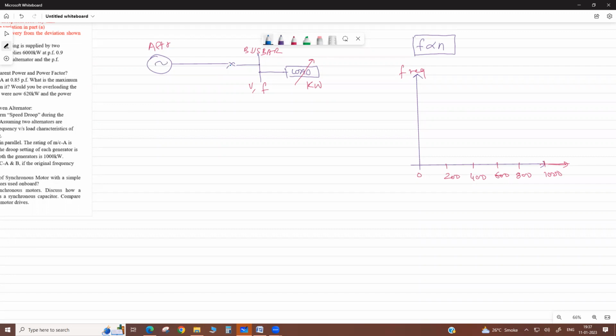Suppose the load is not put here; now it is operating at no load. So what is the no load frequency? We set it slightly higher.